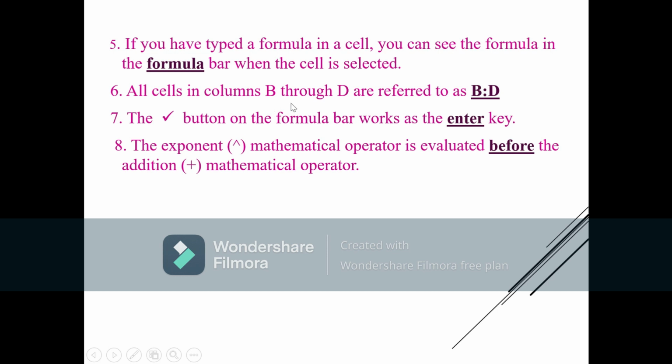All cells in columns B through D are referred to as B colon D. The tick button on the formula bar works as the enter key. The exponent mathematical operator is evaluated before the addition operator. Have you learned? Just memorize all the answers. When you see this video itself, no need to give extra time to learn this computer lesson.